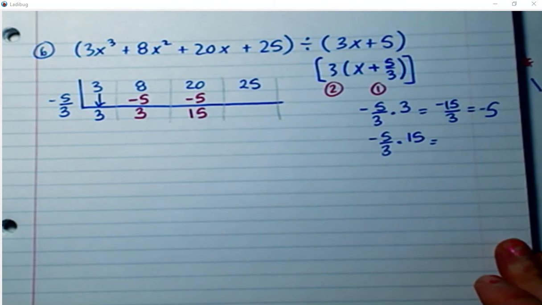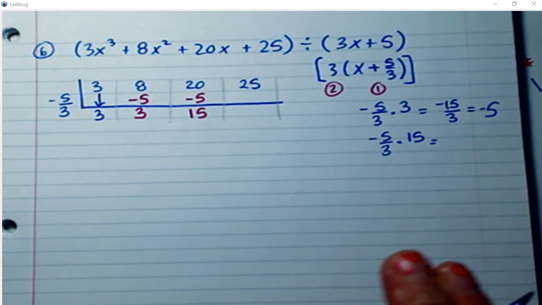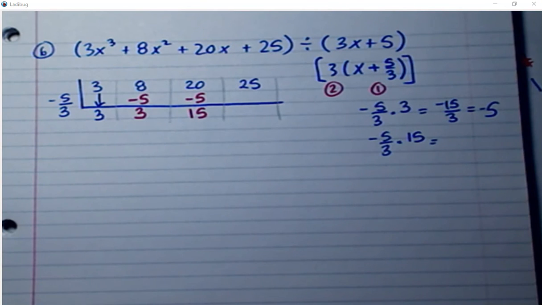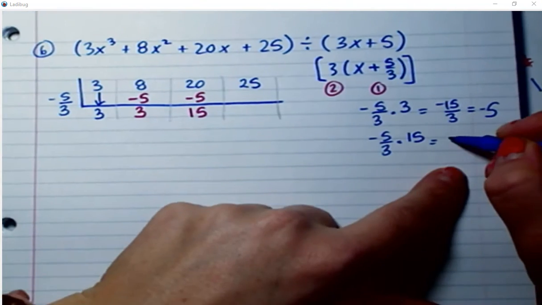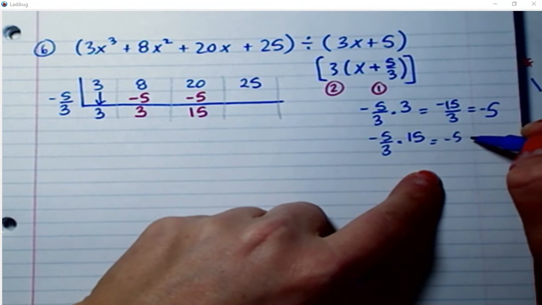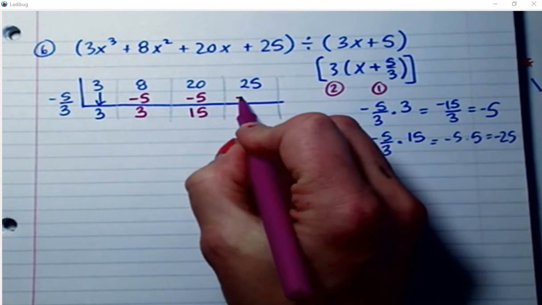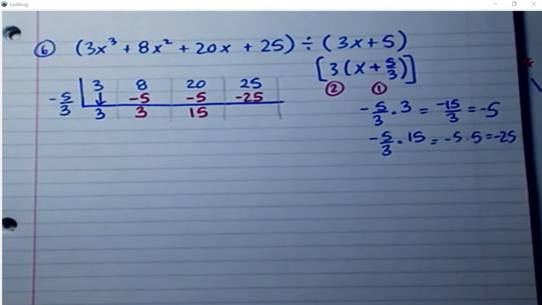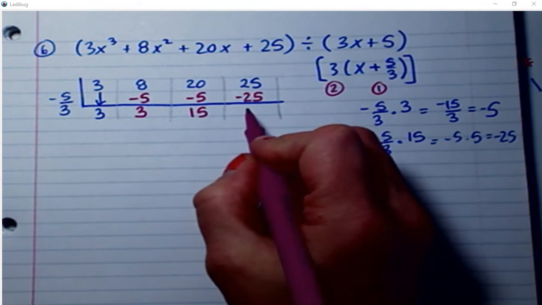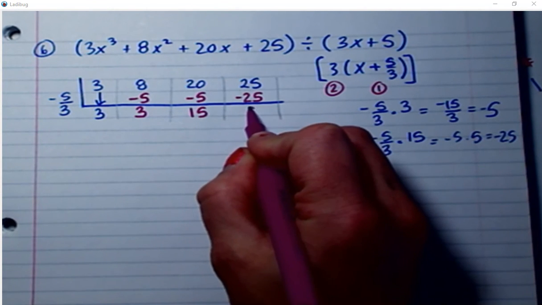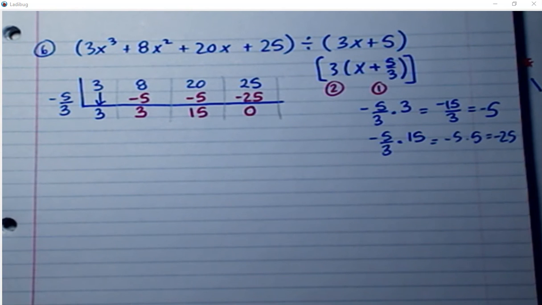You can multiply or divide, so I'm actually going to do 15 divided by 3. So I get negative 25. Do you guys get the 0 remainder also? All right, 0 remainder.